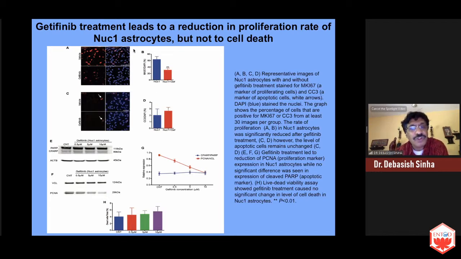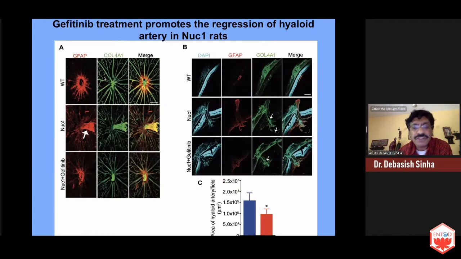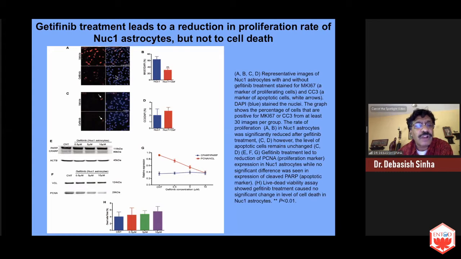So what I show here is that if we look by Ki67, a proliferation marker, you can see that with gefitinib treatment the proliferation goes down. But when you use CC3, which is an apoptotic marker, you do not see any difference. So it directly affects proliferation, and I told you migration also.